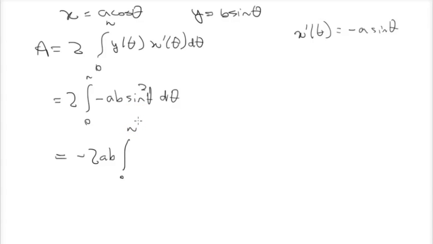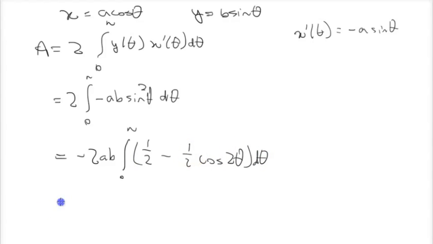It's a really random property, but it makes solving integrals like this a lot easier, and it makes them possible. So we're going to take the negative 2ab outside of the integral as a coefficient, and then we've got 1/2 minus 1/2 cosine 2 theta d theta.